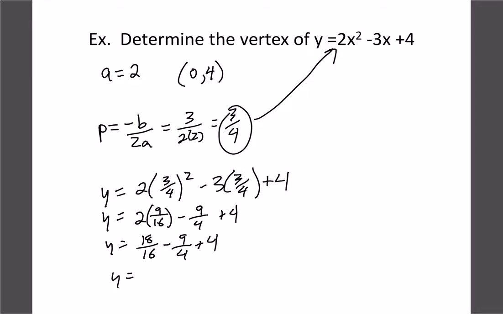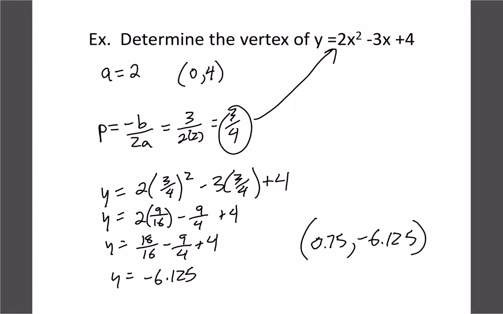Now it's getting a little bit tough, so let's just switch to decimals, it really doesn't matter. So 18 divided by 16 minus 9 divided by 4 plus 4 gives us negative 6.125. So our vertex then is at 3/4, or we could write it as 0.75, and our q was negative 6.125.